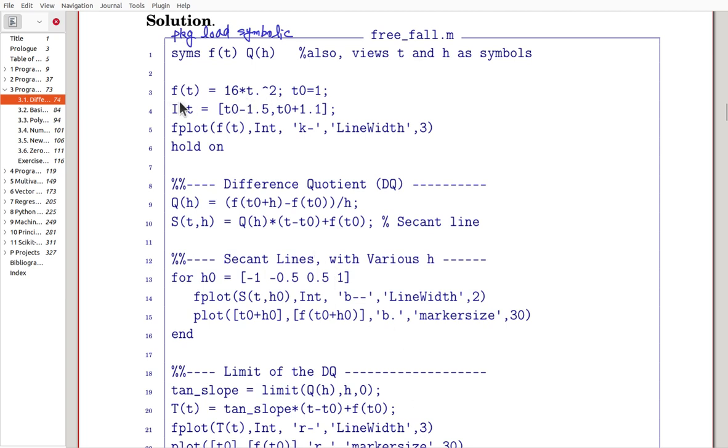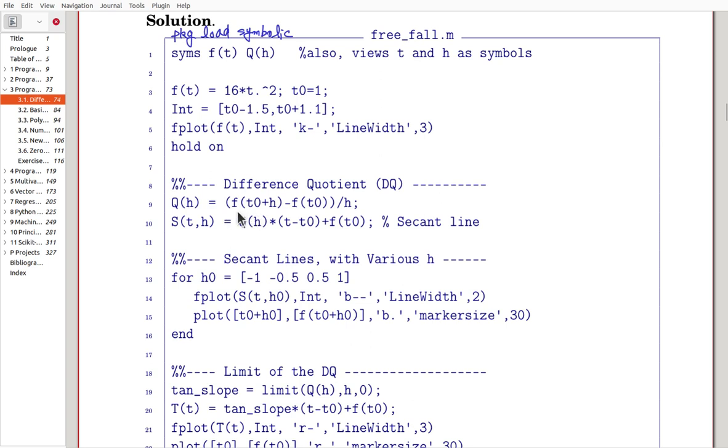Here there's f of t, and t0 is 1. We get a graph over the interval from t0 minus 1.5 to t0 plus 1.1. This is for graphic purposes only.